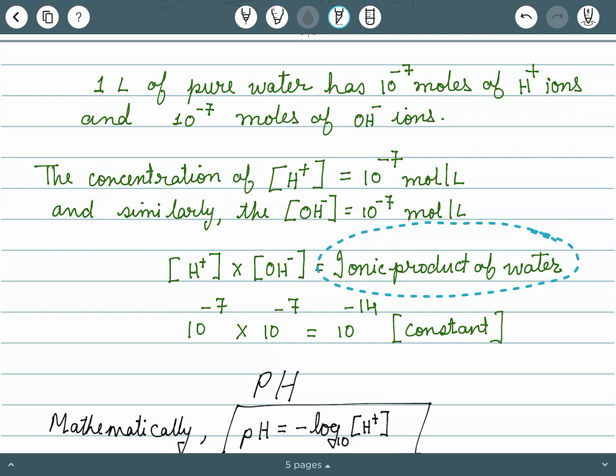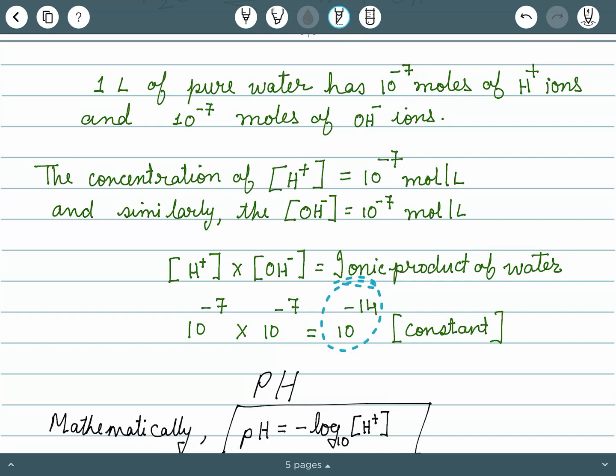I hope you will understand and remember now that the ionic product of water is the product of concentrations of H+ and OH- ions in water. Since we know that the concentration of H+ ions is 10^-7 moles and that of OH- ions is also 10^-7 moles, the ionic product of water comes out to be 10^-14.